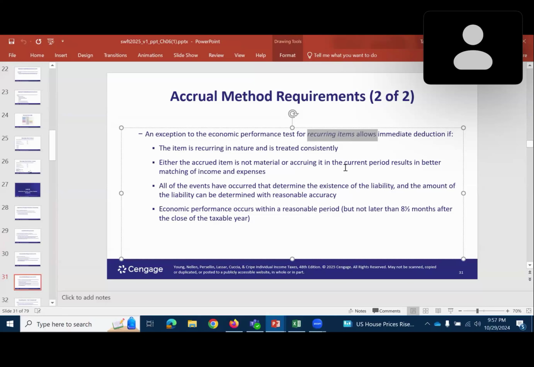So it's a recurring item. You don't have to worry about the economic performance test with regard to recording the income or not recording the income, because you're not going to accrue that item. It's not material enough because in the current period, you're going to wind up paying for it within the month, because you pay for it monthly or quarterly or something like that.